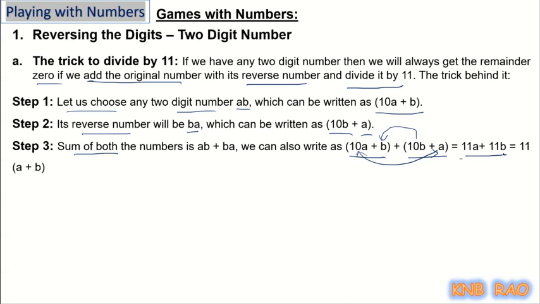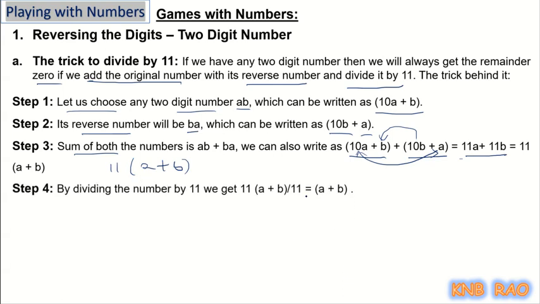Here 11A plus 11B can be written as 11 times (A plus B) by taking 11 common. Now, if you divide this number by 11, you will get the sum of digits as the quotient, and definitely the remainder is 0. This number is definitely divisible by 11, you understood.